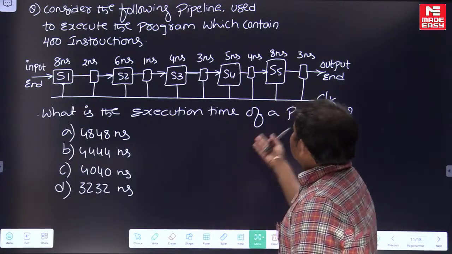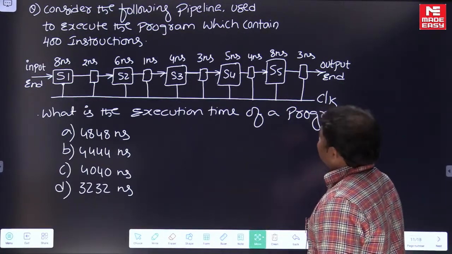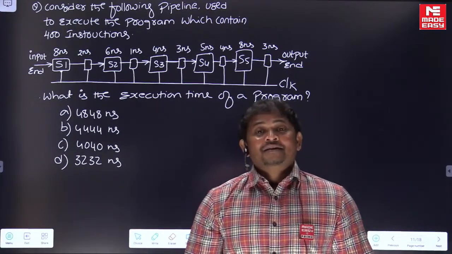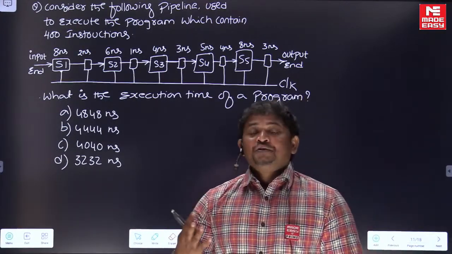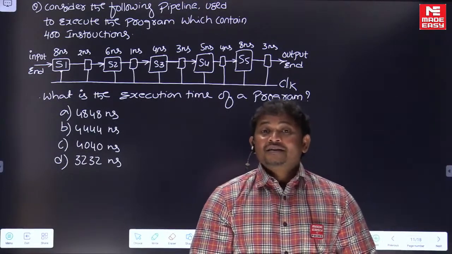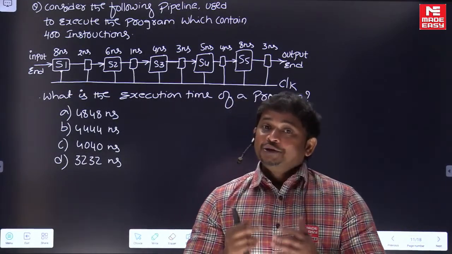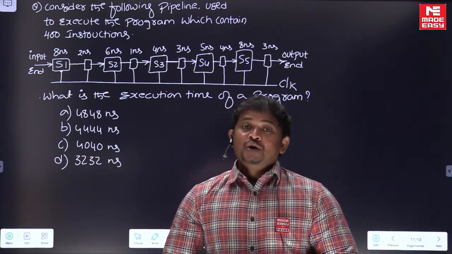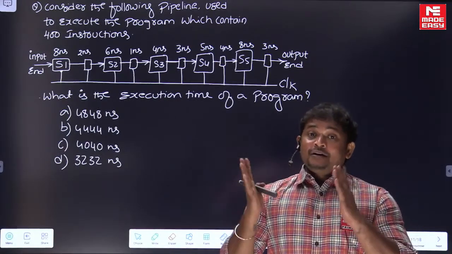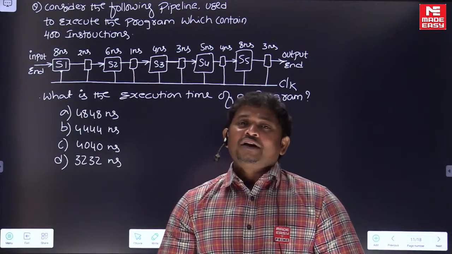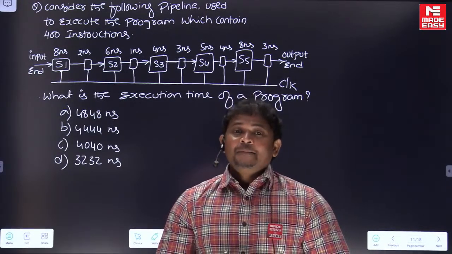Very nice. Now see the question, my dear students. Usually in the classroom, I explained the uniform delay pipeline and non-uniform delay pipeline. Do you remember that? At the time of analyzing the pipeline in the classroom, I gave only uniform delay buffers.